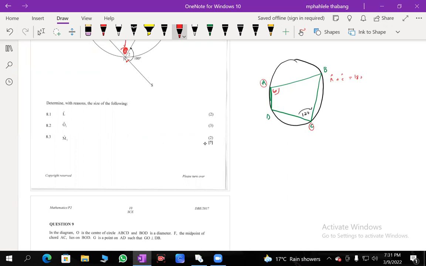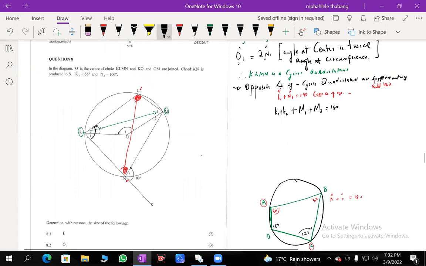Lebogang, if I were to put 30 here, what do you think will be angle D? 150. True, because opposite angles of a cyclic quad are supplementary. Impressive.